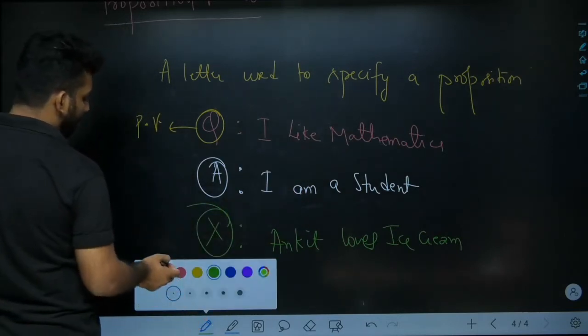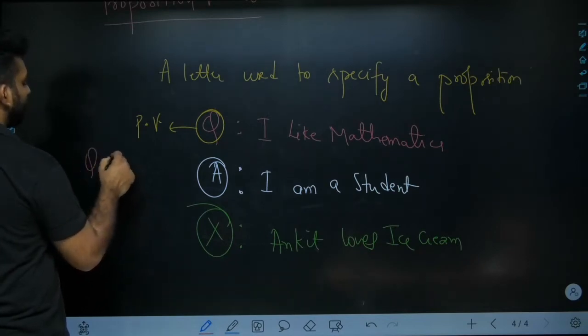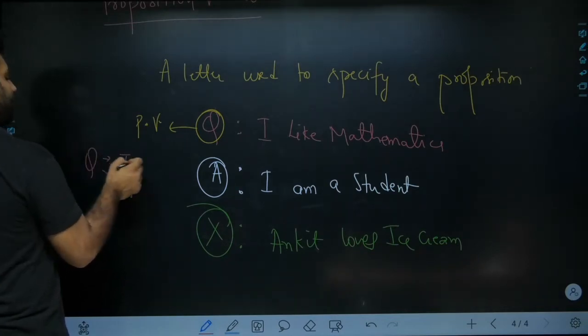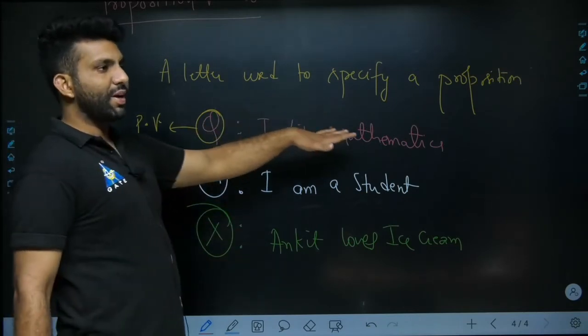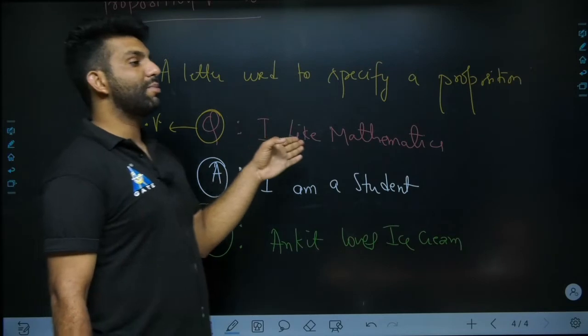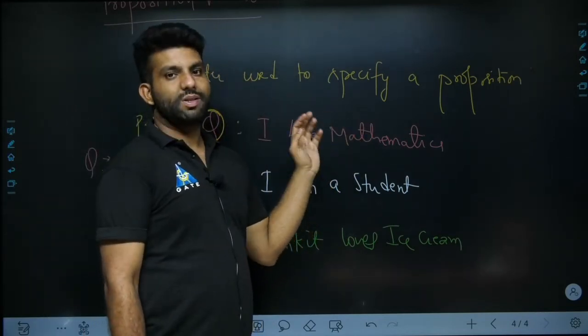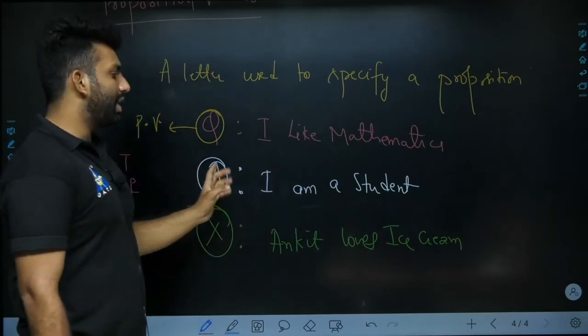So we can simply ask what the value of Q will be, whether it is true or false. If it is true, that means I like mathematics. If the value of Q is false, that means I do not like maths. Similarly, A: I am a student.